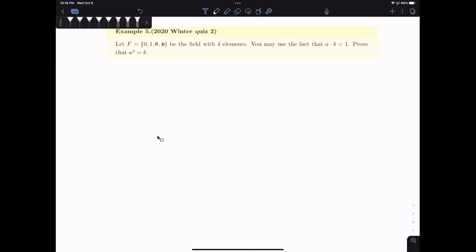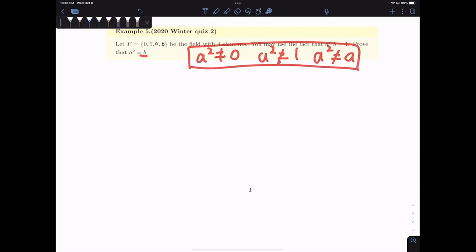Elimination, exactly. So you want to show it equals B, then show it's not 0, not 1, and not A. Once you've done that, you're done.